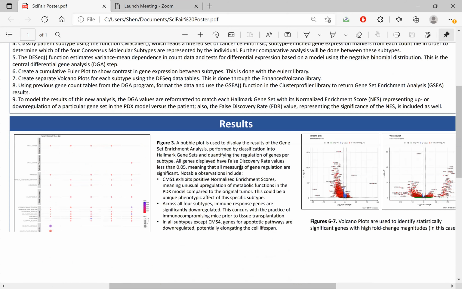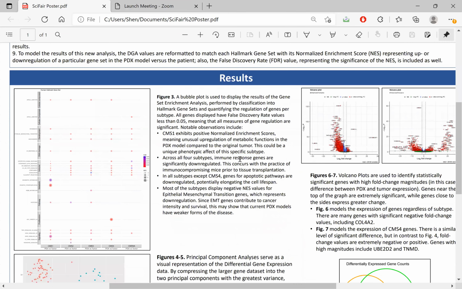So first, using the differential gene analysis data, I constructed a bubble plot displaying results of the gene set enrichment analysis. This is done by organizing the human genome into hallmark gene sets, which have different functions such as development, immune function, and metabolic function.